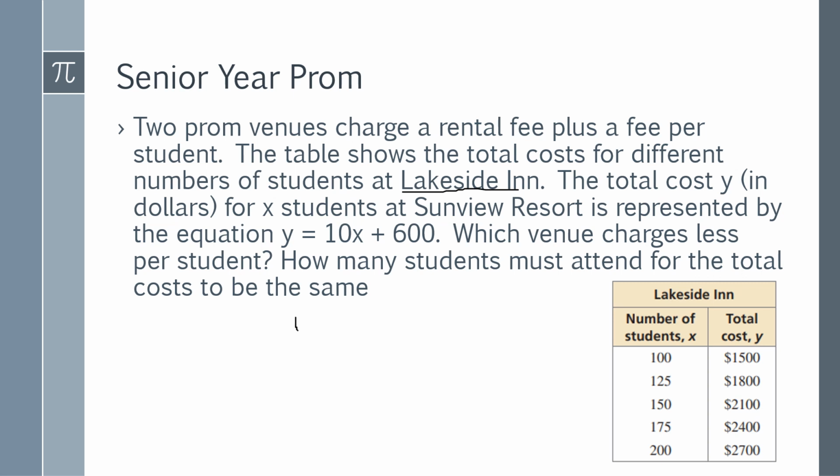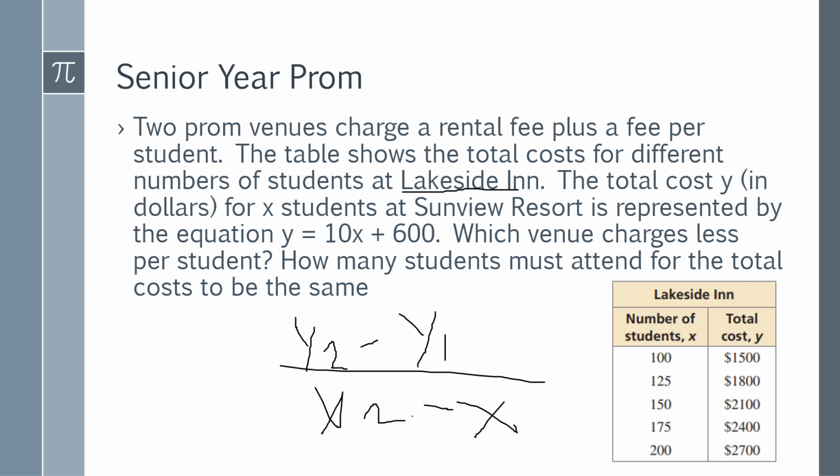And remember, y2 minus y1 over x2 minus x1. Now, I'm not going to go any further with this. I want you to try this one on your own. However, once you try it out, we may discuss it to see where we are.